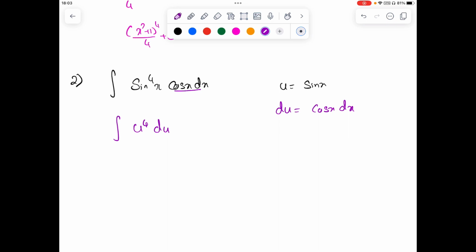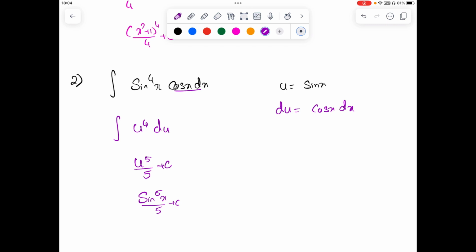What does it become? u power 5 upon 5 plus c. What is u? sin x. So sin to the power of 5 x upon 5 plus c. That's going to be the answer for question number 2.